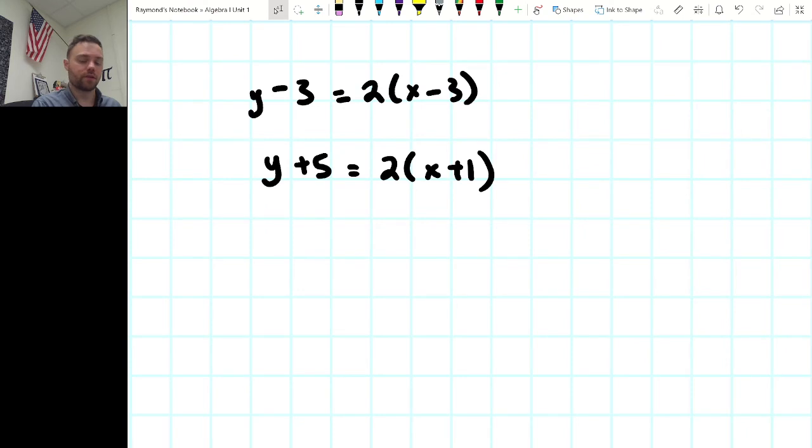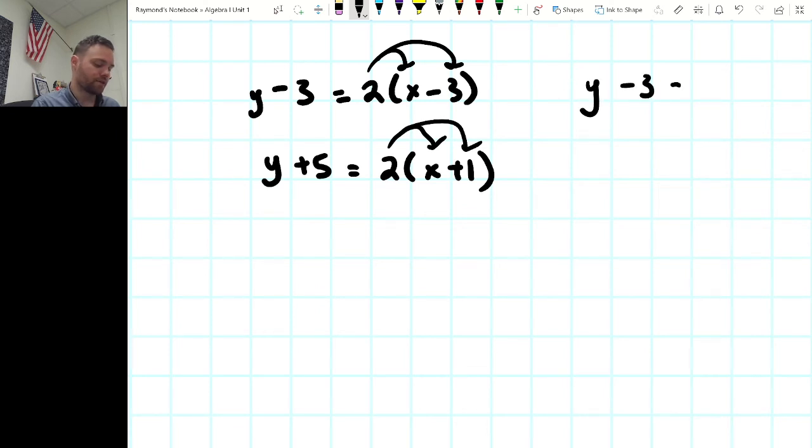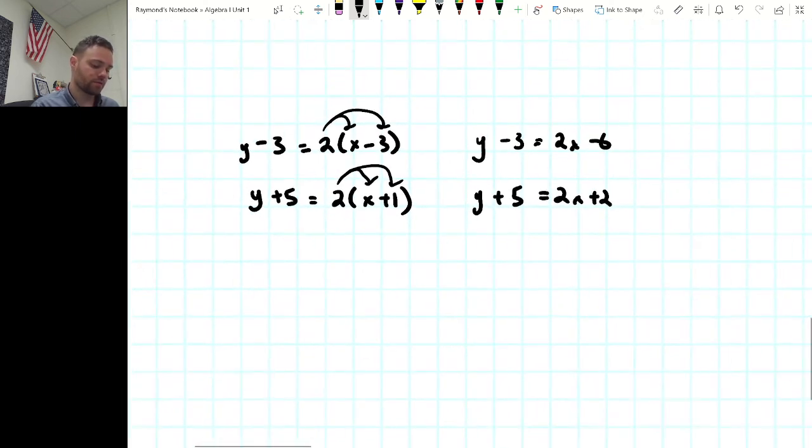What I want to do is distribute this 2. So for the first one, I get y minus 3 equals 2x minus 6. And for the second one, I get y plus 5 equals 2x plus 2.